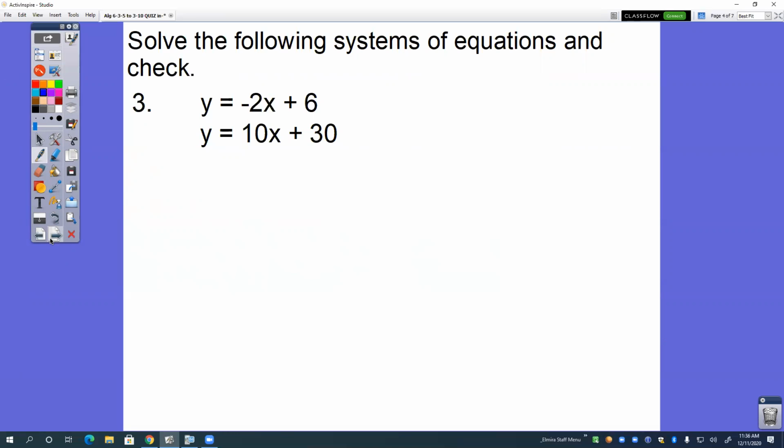The first step in this is to set them equal to each other: 2x plus 6 equals 10x plus 30. Go ahead and solve the rest of this, please. Find both x and y.